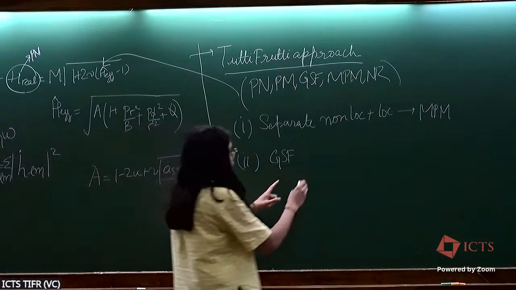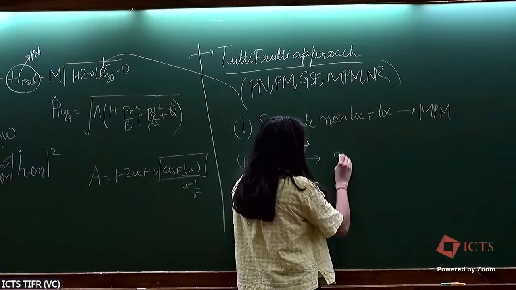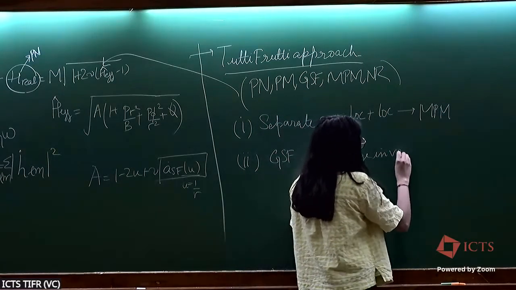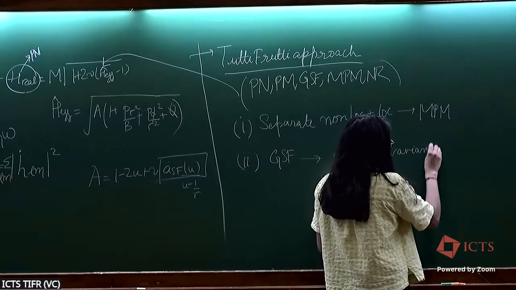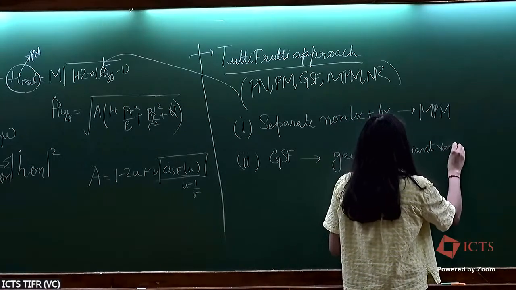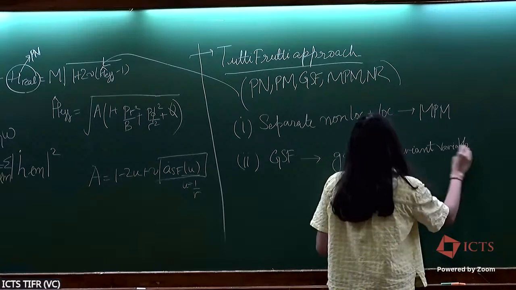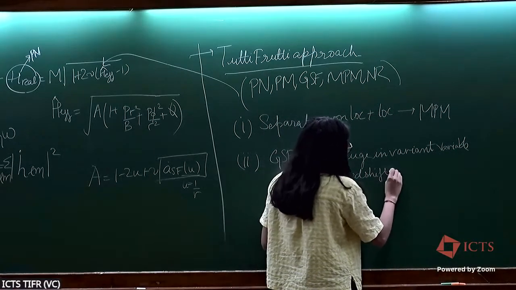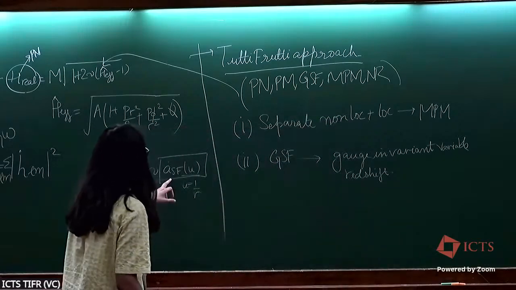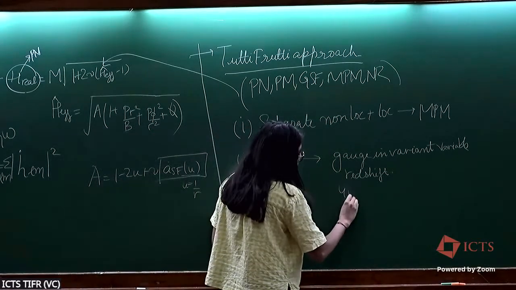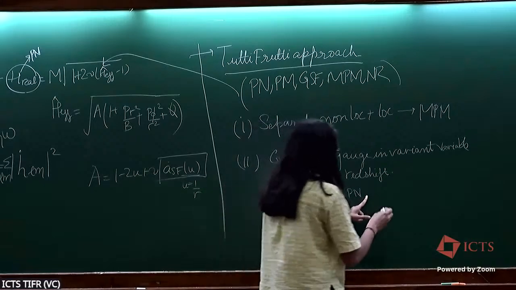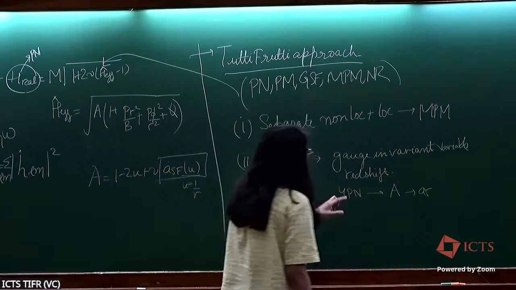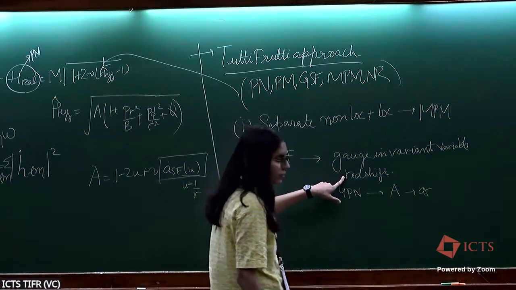And the third is the gauge invariant variable, because we always want to work with gauge invariant variables. The gauge invariant variable considered here was redshift. And in yesterday's tutorial, you computed the 4PN contribution to this A potential, which was A5, with the information from the redshift.